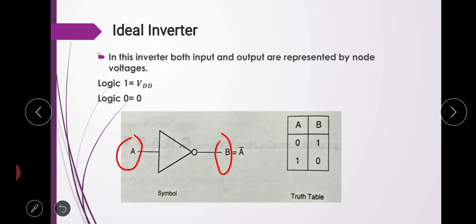Here, the Boolean value of 1, meaning logic 1, can be represented by a high voltage, that is VDD, and the Boolean value of 0, meaning logic 0, can be represented by a low voltage of 0.